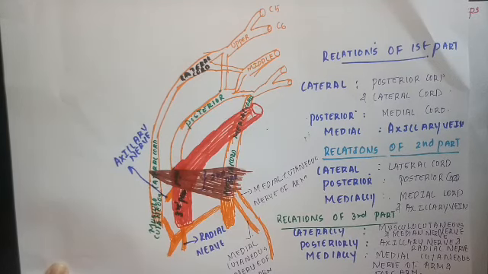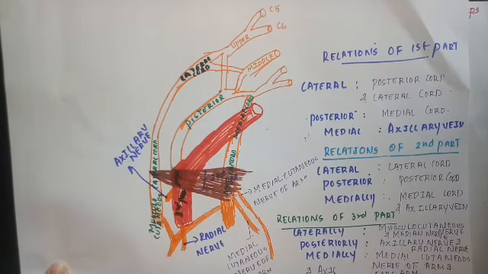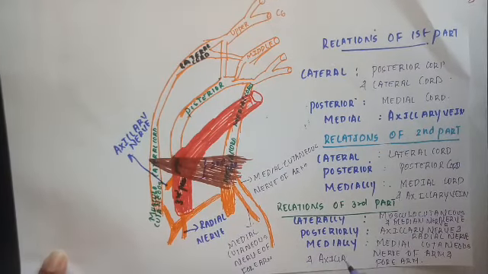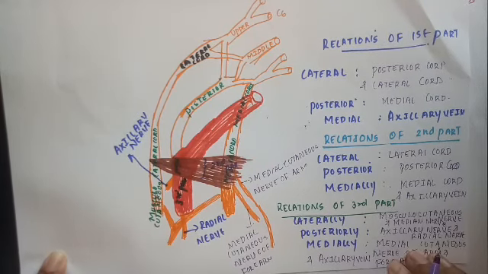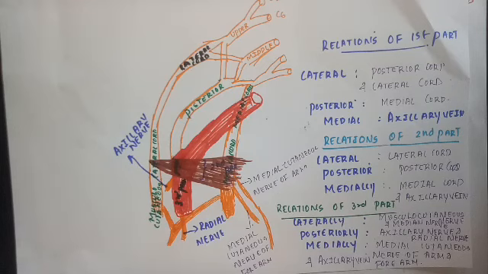And this is constantly related medially to the axillary vein. So these are the relations of the different parts of axillary artery.